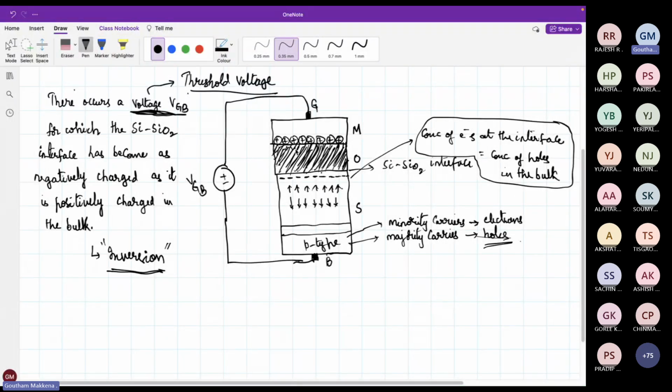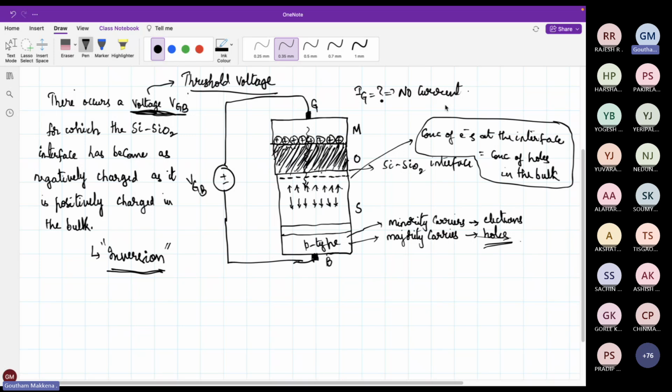Because of the gate voltage that I am applying, is there any Ig flowing through the insulator? The capacitor is getting charged, but there is no current.